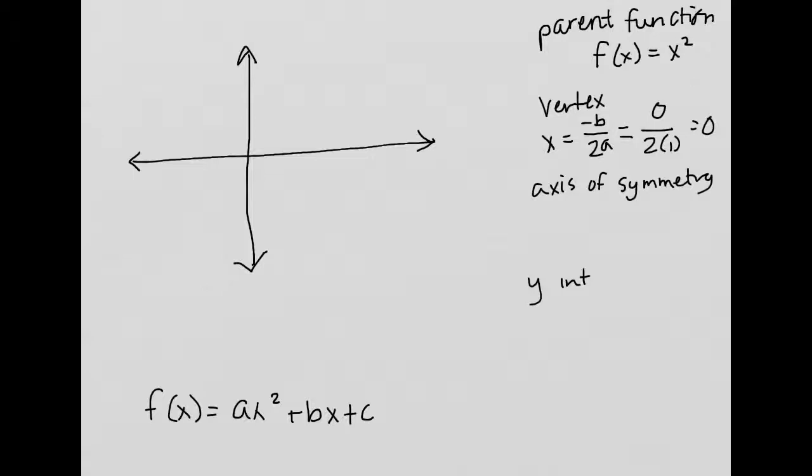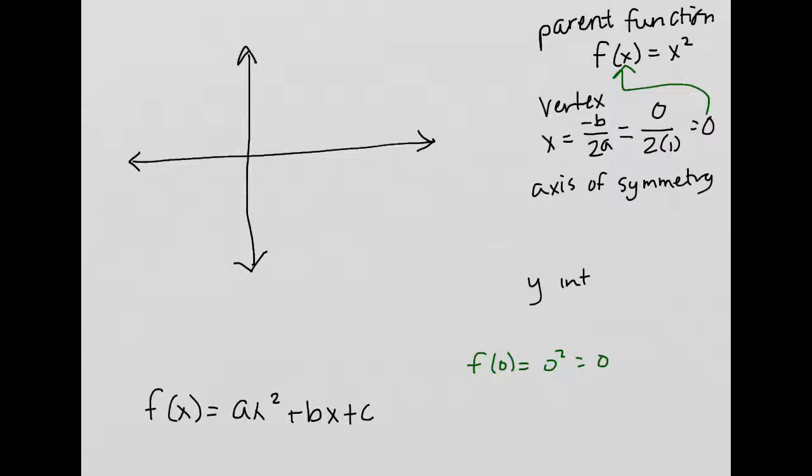Now remember earlier we said, how do we find the y-coordinate? To find the y-coordinate, take this value and stick it back into the original function. All right, so I'm going to calculate down here in green so you can keep track. f of 0 is equal to 0 squared, which is equal to 0. Okay, and so I'm going to start graphing this thing.